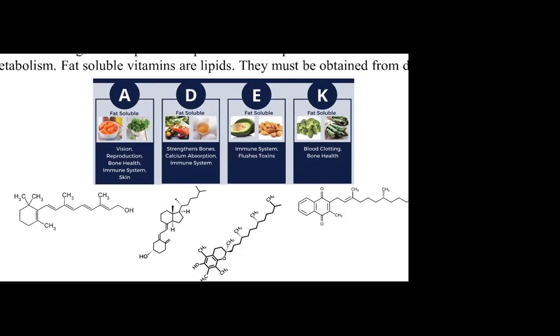Then we have vitamin E, and you can see that it is very important for the immune system, and it helps with flushing toxins. And lastly, we have vitamin K, which is important for blood clotting and bone health. You also see here different food items that are going to be particularly important in these vitamins.